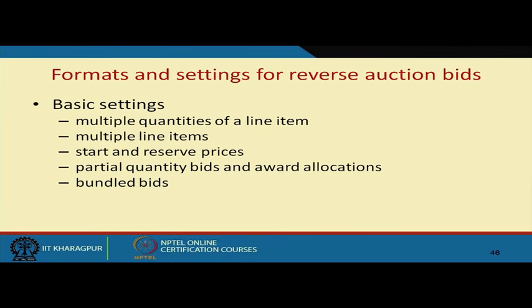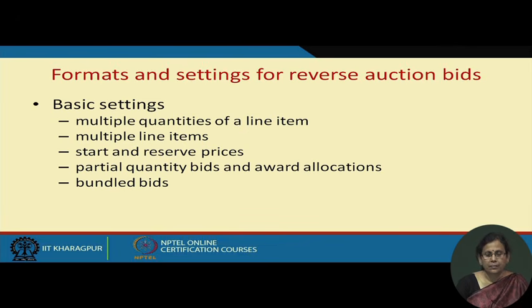For example, some of the basic settings are buying multiple quantities of a single line item, or multiple line items. While buying these items you can decide what should be your start price and the maximum up to which you can go.